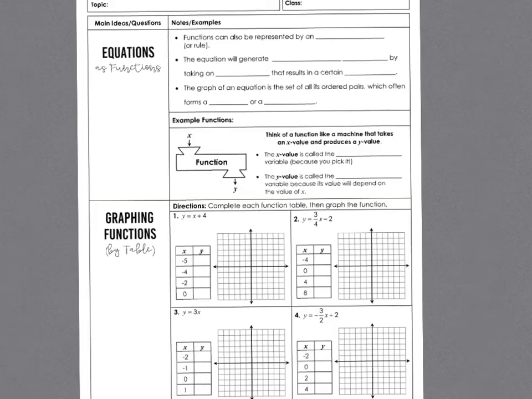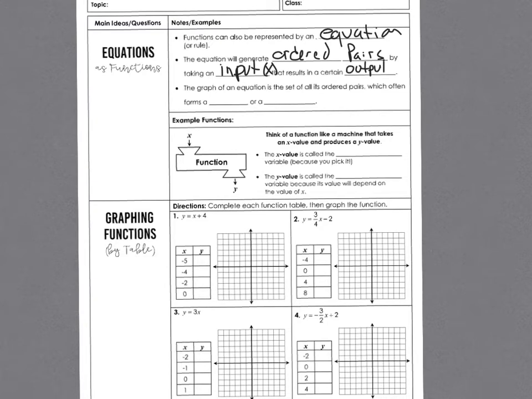All right, a function can also be represented as an equation. And that's what we're going to look at today. The equation will generate ordered pairs by taking an input, which is your x, that results in a certain output.